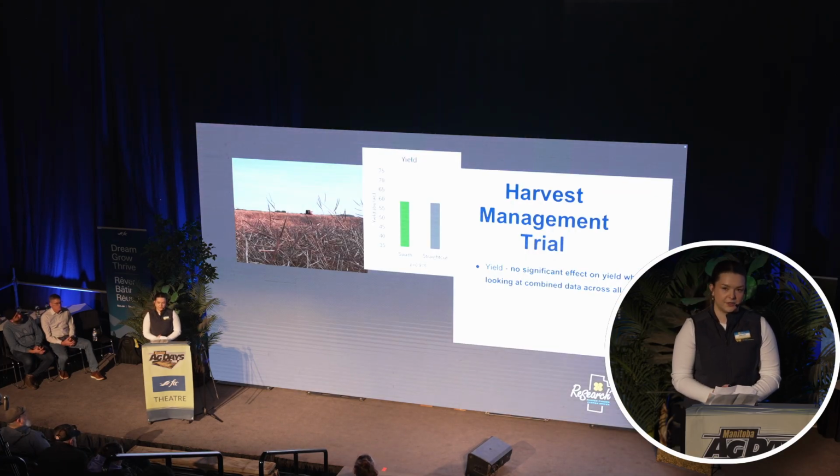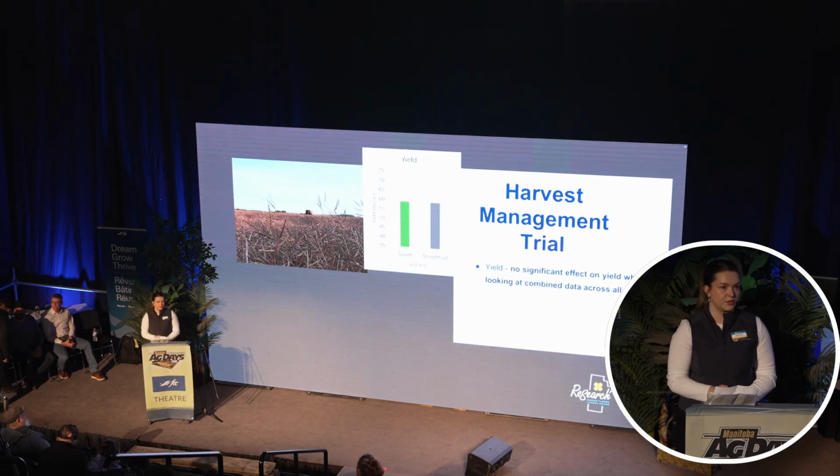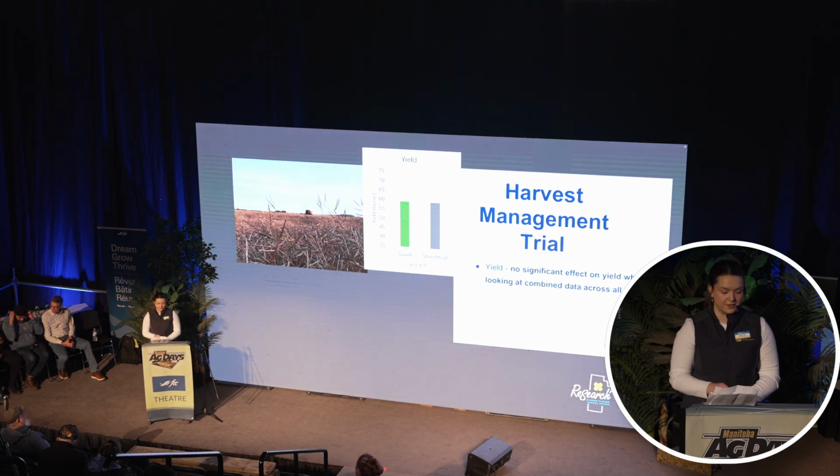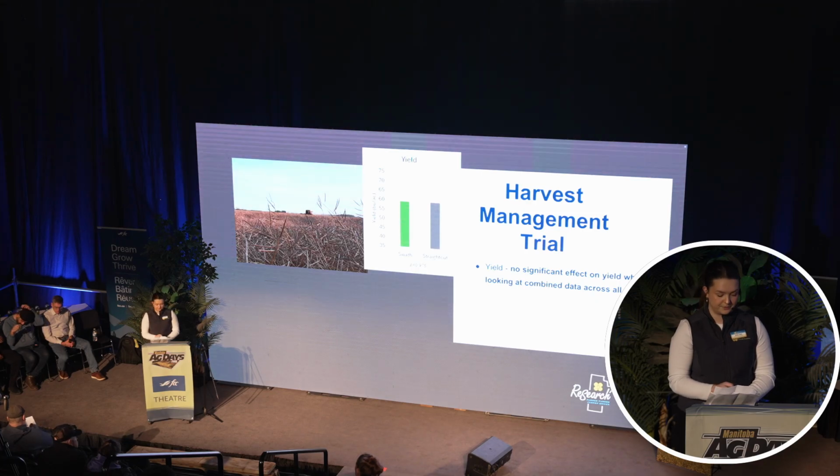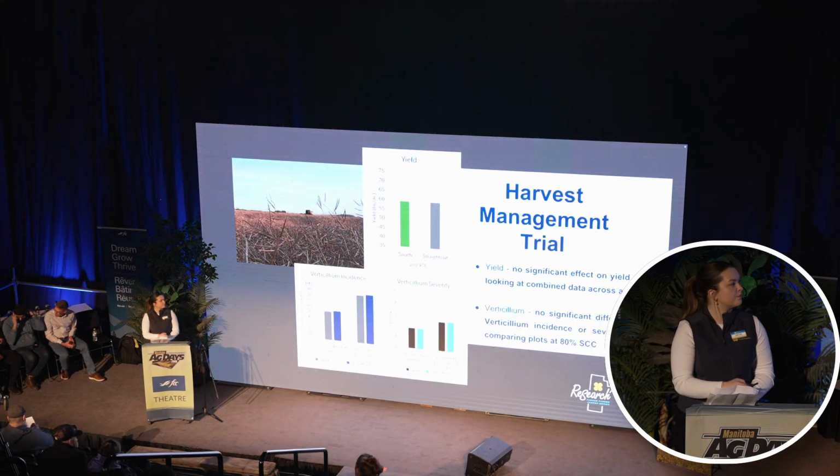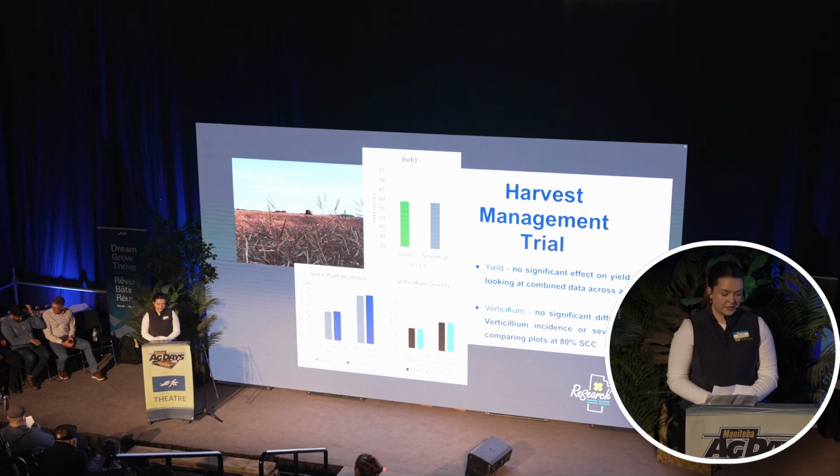After we collected all of the 2025 harvest management trial data, the main takeaways were that the swath versus straight cut plots had no significant effect on yield when looking at combined data across all trials. The main takeaway for verticillium was the same story.